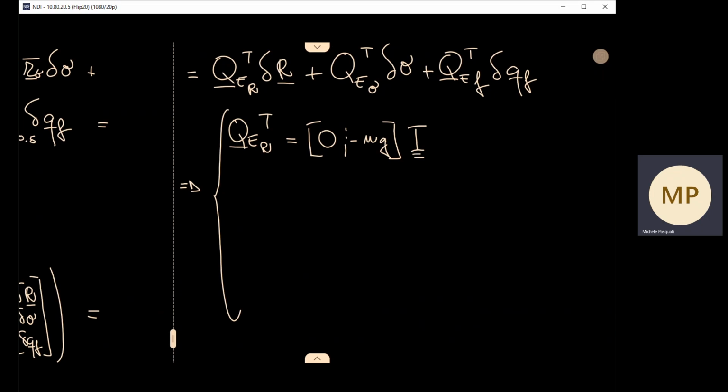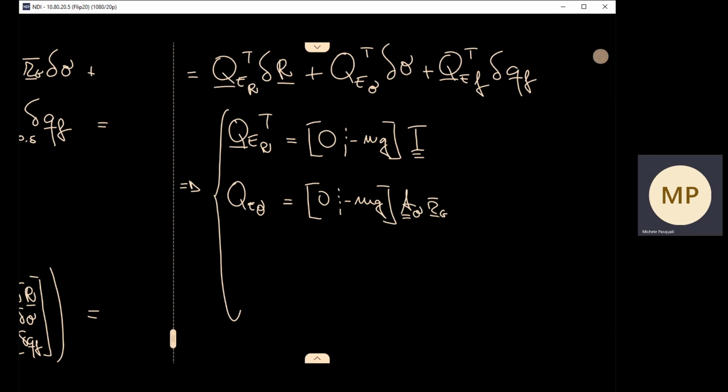So this is the generalized external force associated to translation R. Then QE theta, we are just going to write it down, and next time we will estimate it. This is 0 minus mg applied over A theta RG, right?